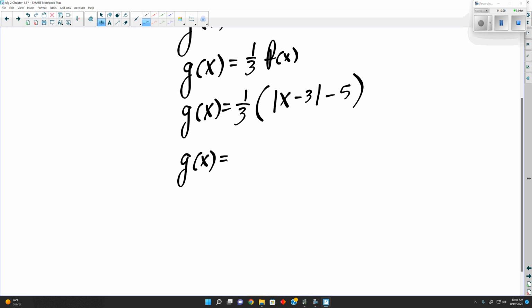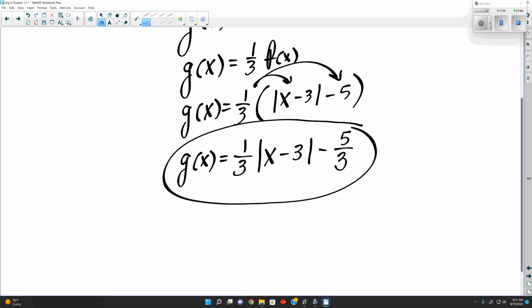And we're going to multiply each part of this function by 1/3. So we'll multiply the 1/3 by the absolute value and by the negative 5. And if we multiply by the absolute value, we're just going to get 1/3 times the absolute value of x minus 3 minus 5/3. And that's all we'd have to do for this. Any questions on any of these here? Okay, that's fine.